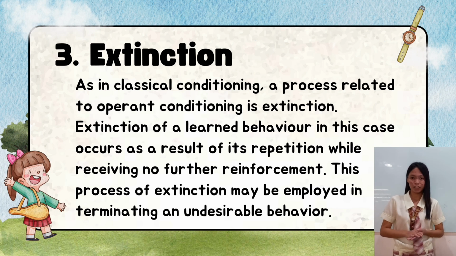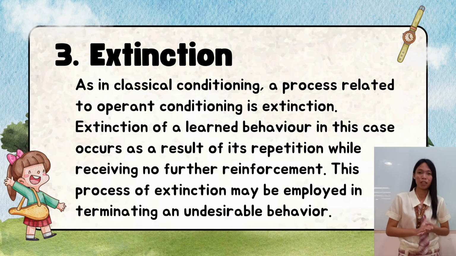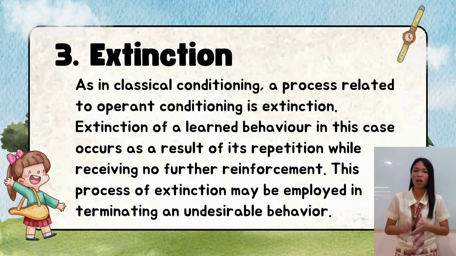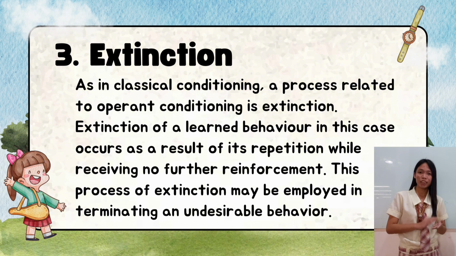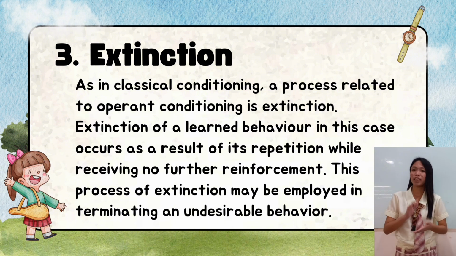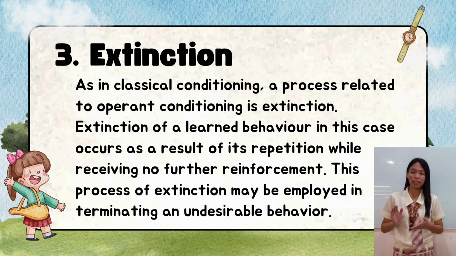Next is the extinction. Extinction occurs when a behavior that once followed a reinforcement no longer receives that reinforcement, causing the behavior to diminish. Extinction, kay kung wala na gali ang reinforcement or dili na mahatagan og reinforcement ang isa ka behavior, na ay possibility nga mawala ni siya.